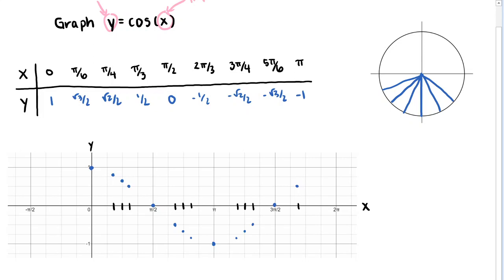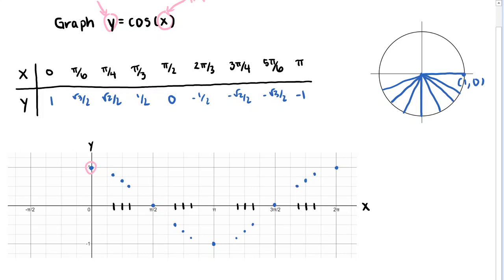At 7 pi over 4, we're going to have roughly 0.7. And then at 11 pi over 6, we're going to be at an output value of roughly 0.85. And then back at 2 pi, we're where we started. So we're going to get the same value as when we started, the output value of 1. At 2 pi, the x-coordinate on the unit circle is 1.